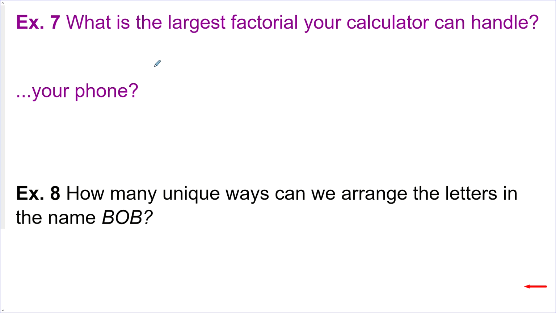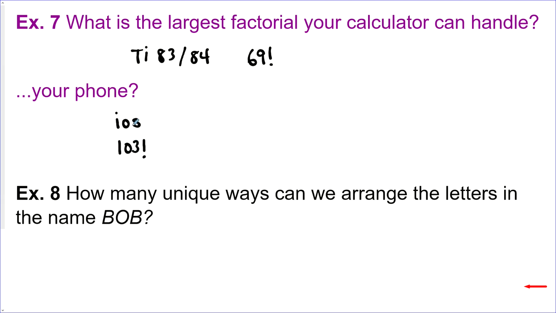Here's a fun question. What is the largest factorial your calculator can handle? So give it a try, and also try your phone. You might have to turn your phone sideways to get the additional buttons. Now, if you're running a TI-83 or 84, it actually tops off at 69 factorial. Ironically, your phone will do better. If you have an iPhone, then it typically tops off at 103 factorial.